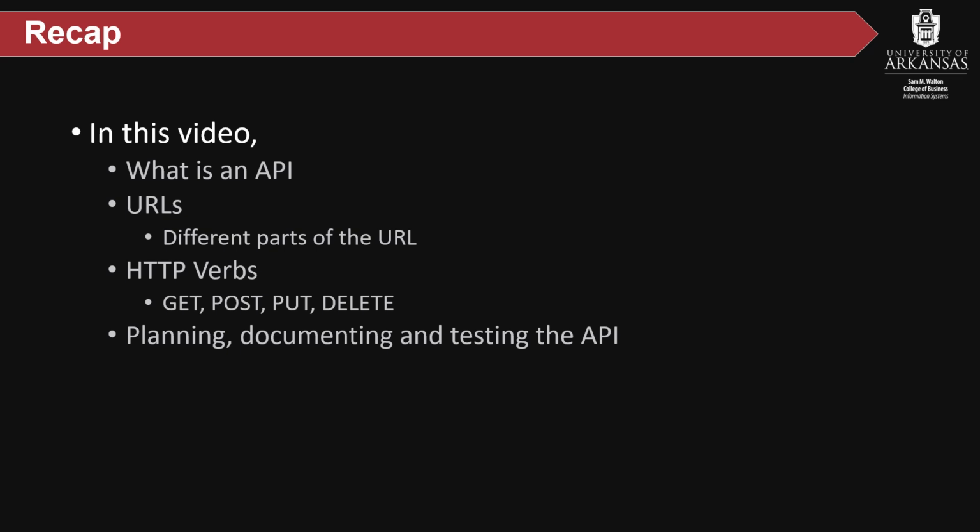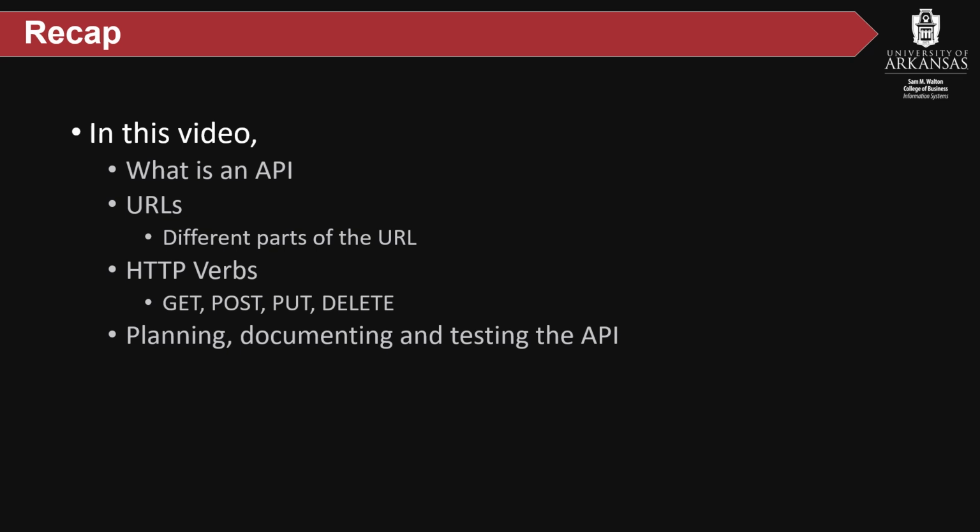To recap, in this video, we covered the basics of APIs, what they are, and the two different types, both REST and SOAP APIs. We looked at URLs, broke down the constituent components of a URL into protocols, ports, paths, query parameters. We looked at the HTTP verbs, which are used to specify how to interact with the endpoints defined by the URL.